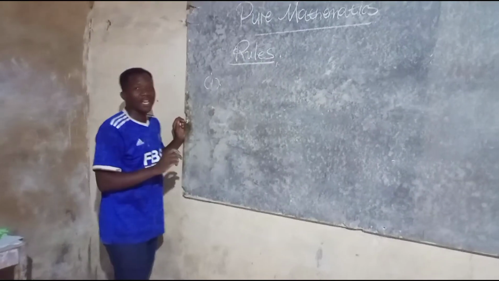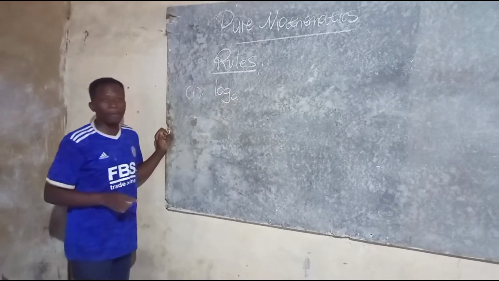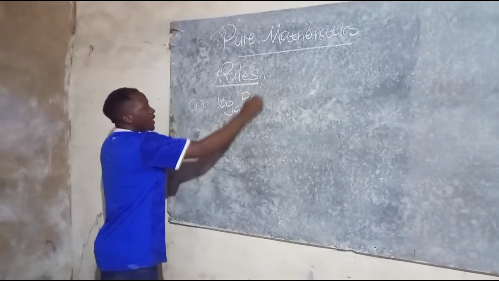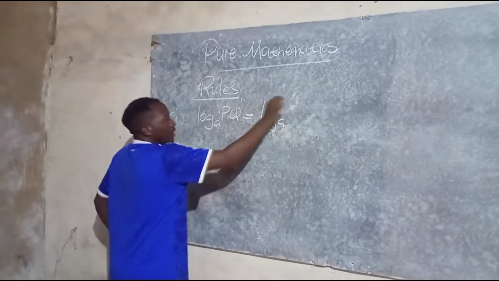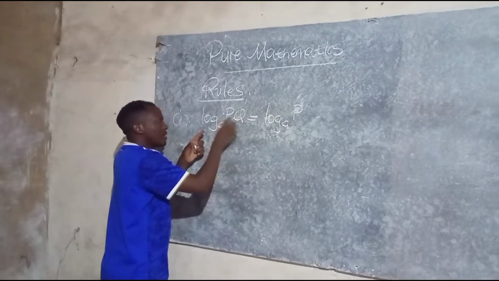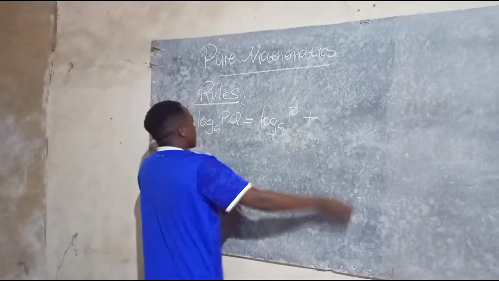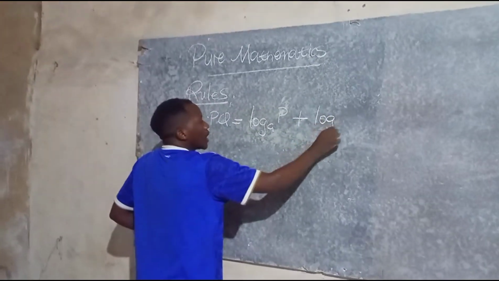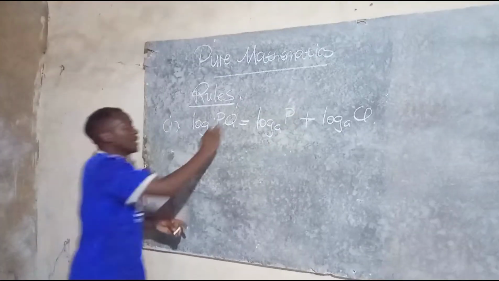In this case, if we assume we have log to the base of a, and then we have pq, this is log a p, and in as much as these are combined, it means you are adding. So I'm going to say plus log a with q. So this is how we are supposed to do this.